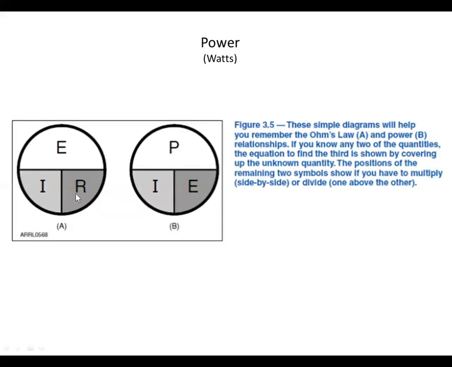And for power, a similar diagram here. This is showing you Ohm's law, V over I, E over R, and IR. But for power, the power is always the current times the EMF or voltage. So power is voltage times current.